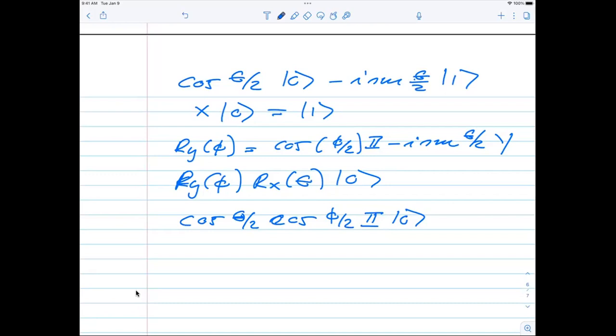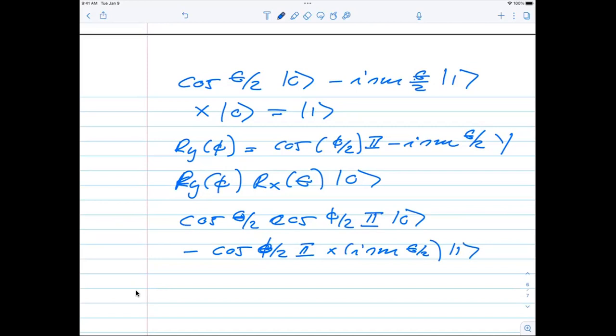Then I have a new term, which is minus a cosine of phi half with the identity matrix, also multiplied with i sine of theta half multiplied with 1.